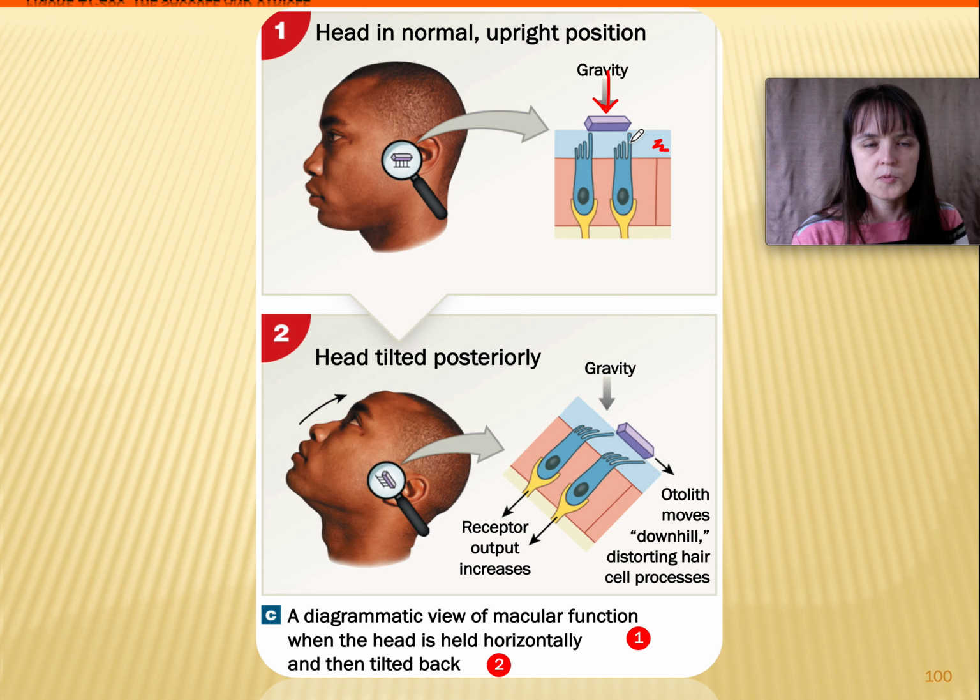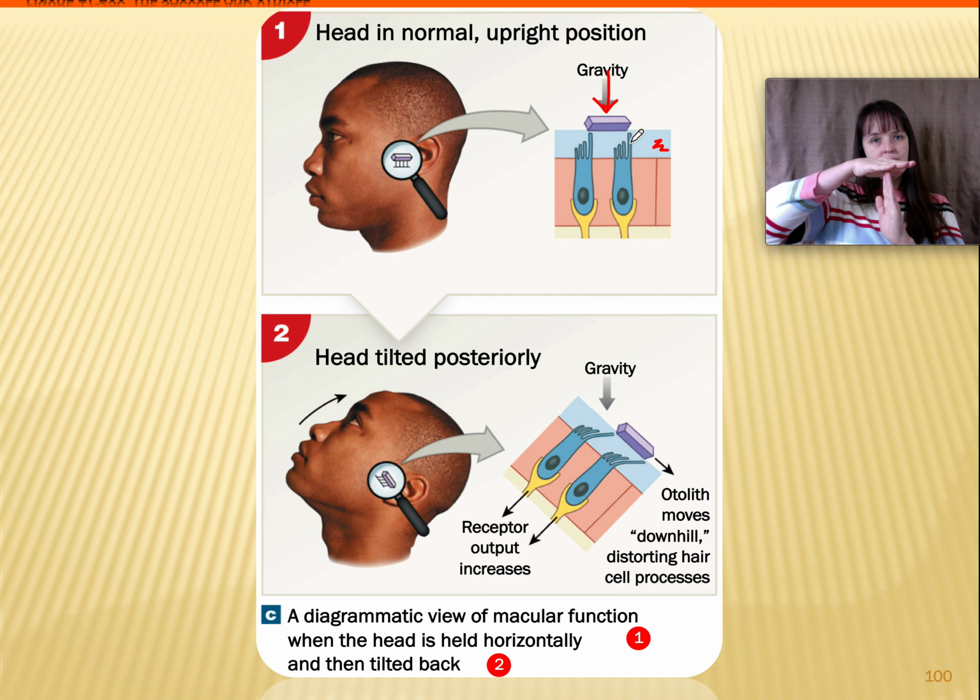It also helps with acceleration, because if you're in a car and you take off, the otoliths lag behind a little bit and they pull a tiny bit on the hair cells when they do so. And just like if I slam on the brakes, then the otoliths are still moving forward a little bit and put a different tension on the hairs of the hair cells.